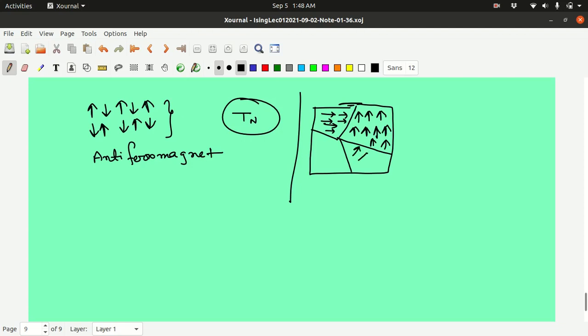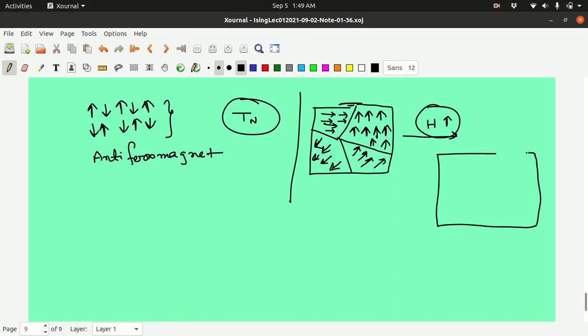Now if you apply a magnetic field H in the up direction, these domains will try to align with this magnetic field, and in the final configuration when we apply a strong magnetic field, all the spins will point in the direction of the magnetic field. That is basically the point of applying a magnetic field.